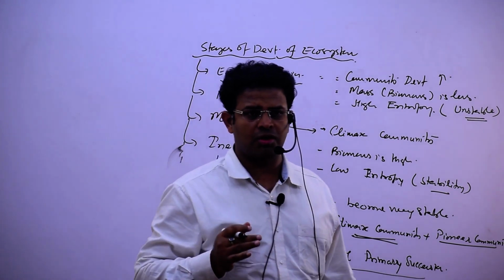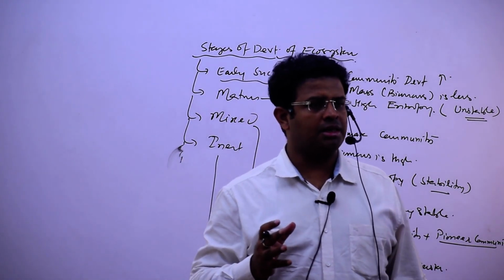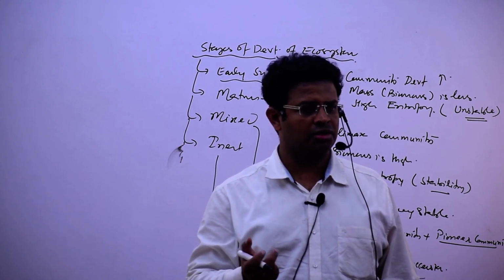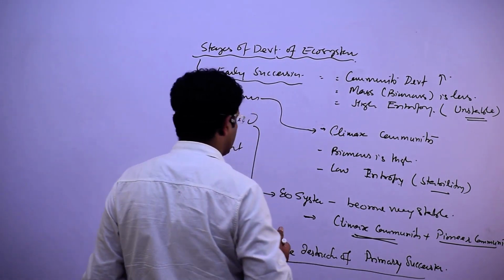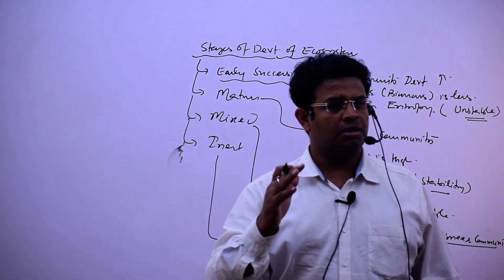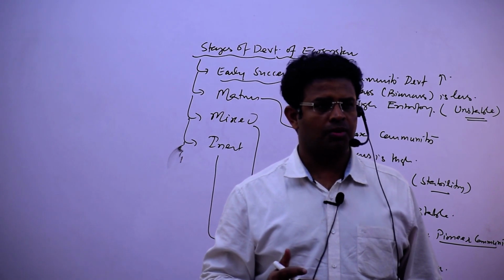Large scale destruction of primary, and that reason will become unproductive for a longer time, and then again over the period another succession will start on it. Understood? So this is the way.